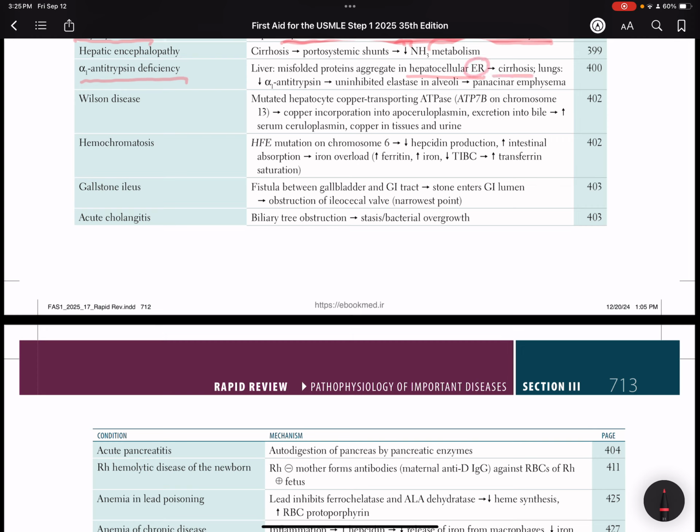This leads to cirrhosis. In lungs, you see decreased alpha-1 antitrypsin causing uninhibited elastase in alveoli, leading to pan-acinar emphysema.